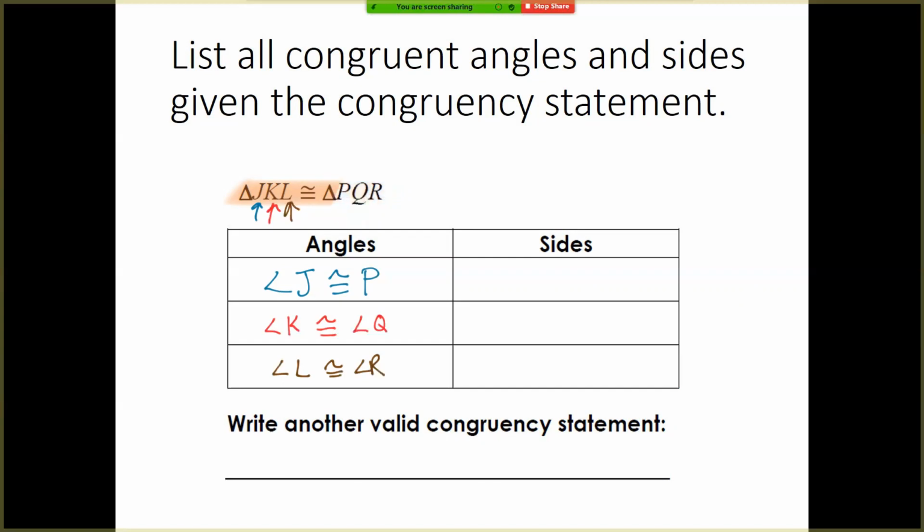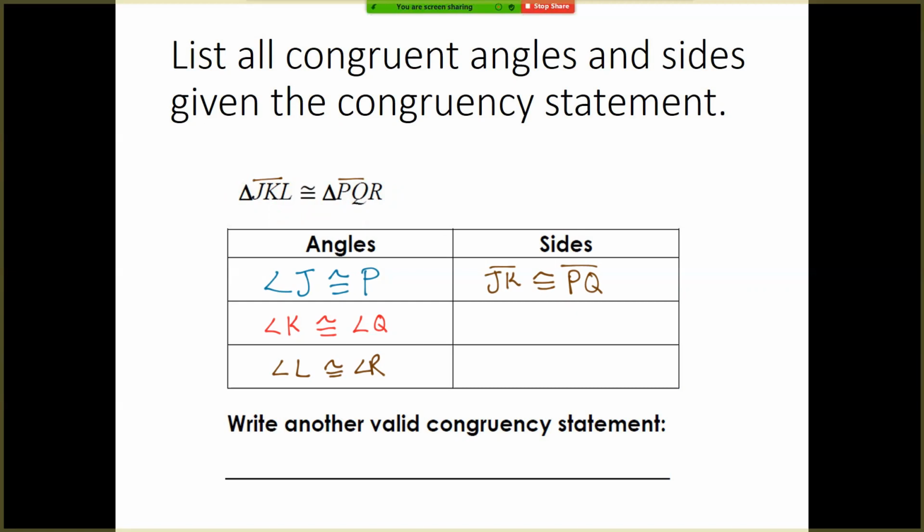Then we get to list the corresponding sides. Sides are more fun. You have to have 2 letters for a side. The first side I would pick is the first 2 letters. So side JK is congruent to side PQ. First 2 letters are congruent to first 2 letters.